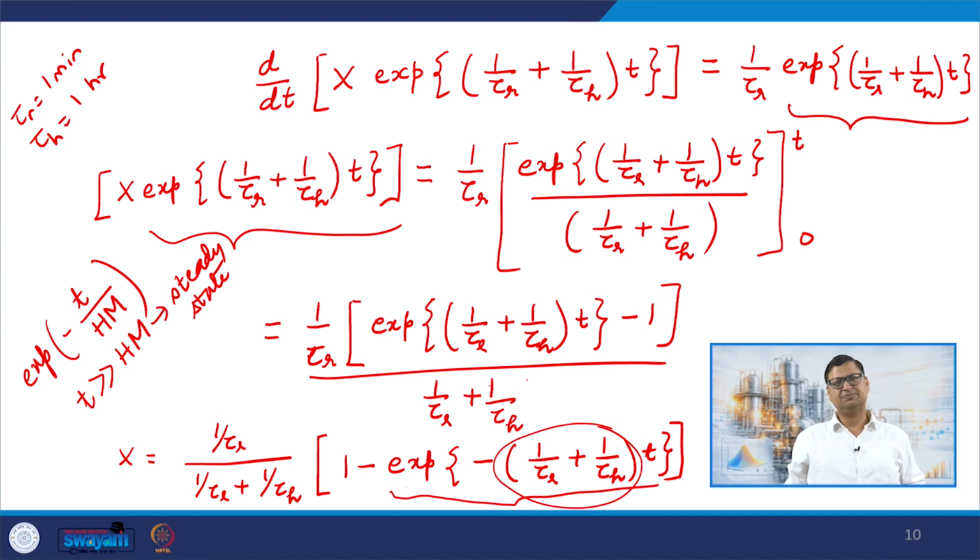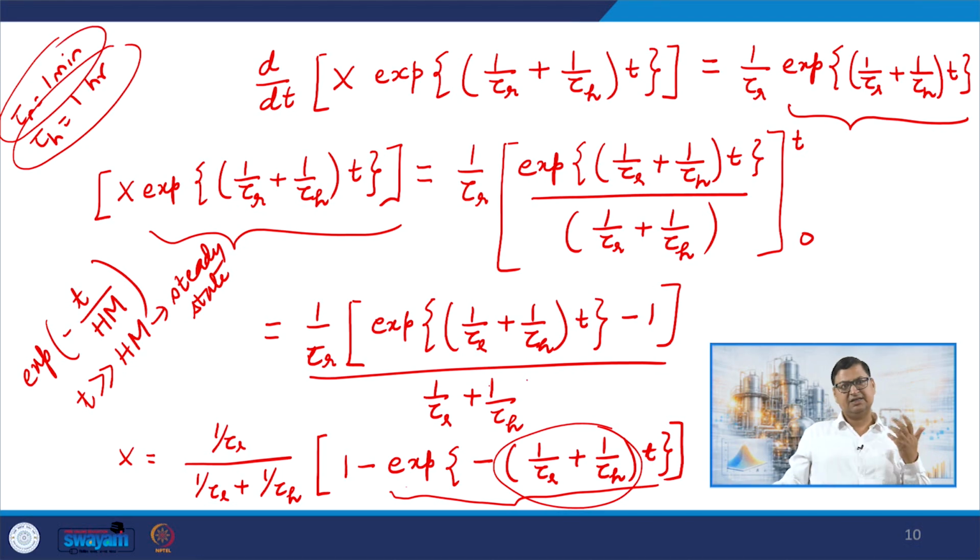But essentially what this means is whichever is a bigger time scale, that is whichever is a slower process, is going to dictate the time scale that will be used here, right. So, for example, if you are having a fast reaction, that would result in a smaller value of tau_r, and if you have a very low volumetric flow rate, in that case you will have a much larger value of tau_h, right.